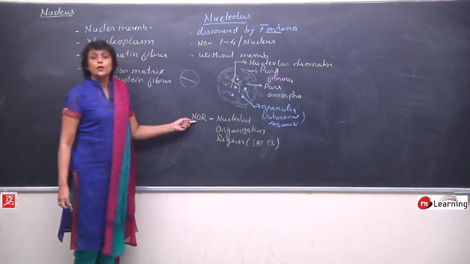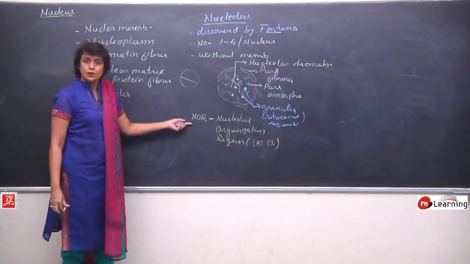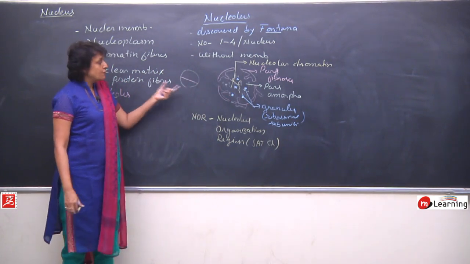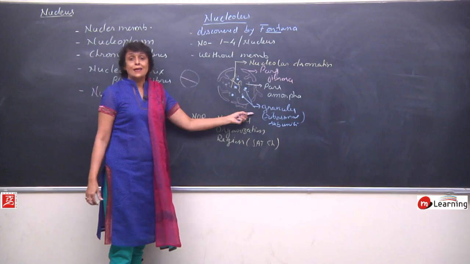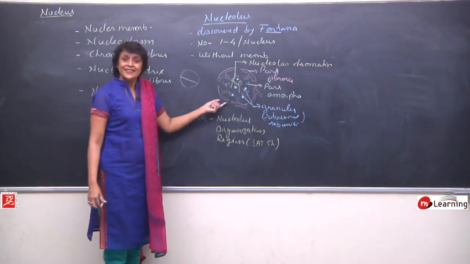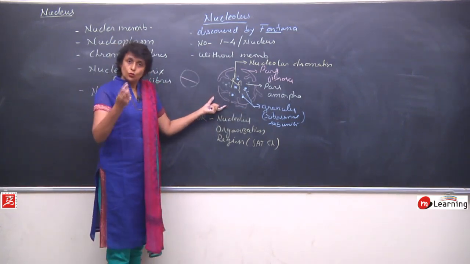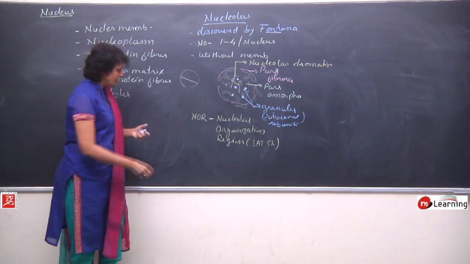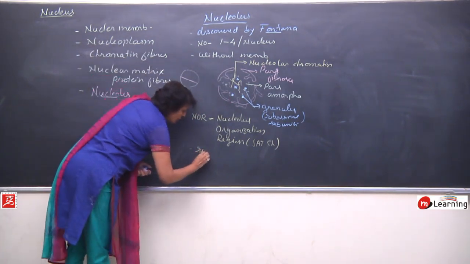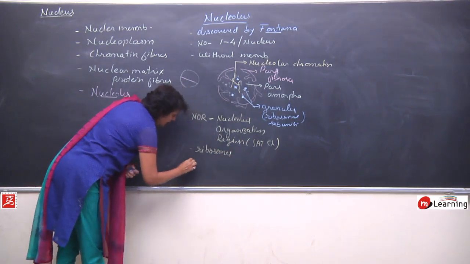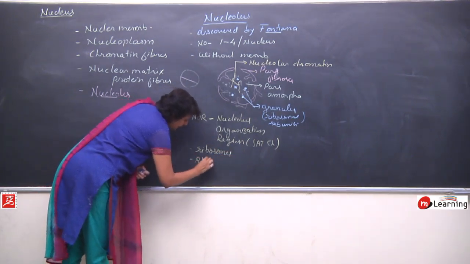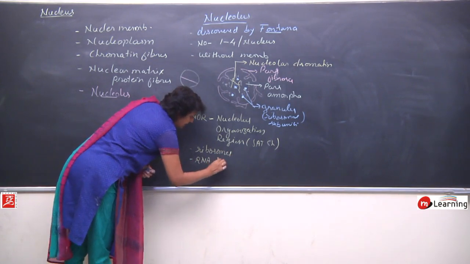So that is the place where nucleolus organization or assembly takes place. Function of nucleolus: it helps in ribosome formation, RNA synthesis. So the main two functions are ribosome assembly or ribosome formation and RNA synthesis.